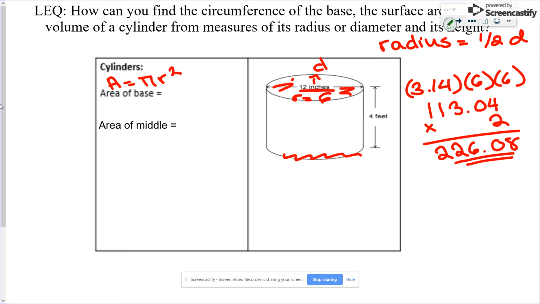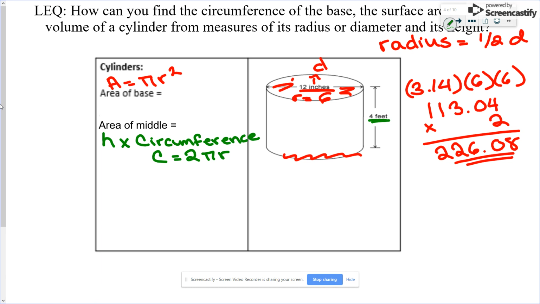Now we have to find the middle. Remember, the middle is our height times our circumference. I know my height is 4 because they give us that in the problem. But I need to find circumference. Remember, circumference is 2 times pi times your radius.